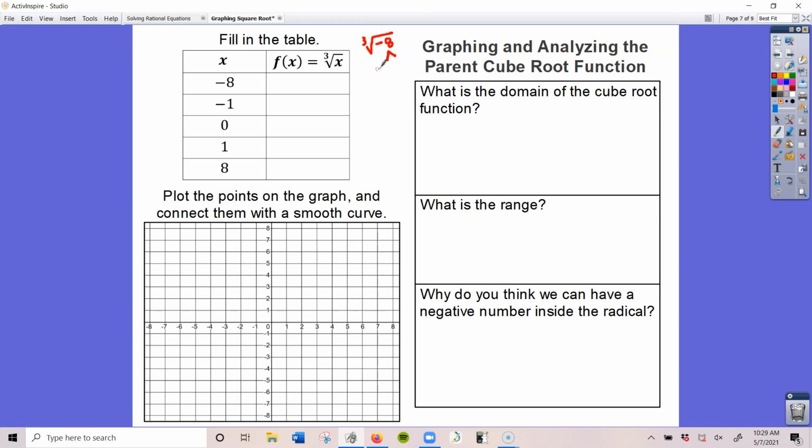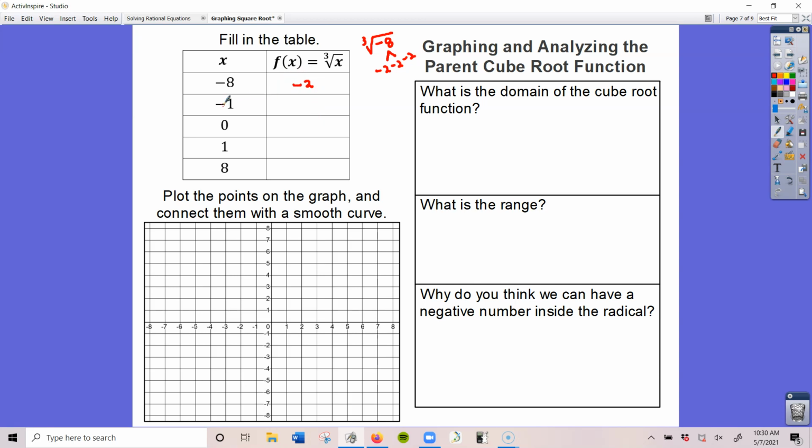And those three numbers would be negative 2, negative 2, and negative 2. Negative 2 times negative 2 is positive 4, but times that third negative 2 is negative 8. So the cube root of negative 8 is negative 2.